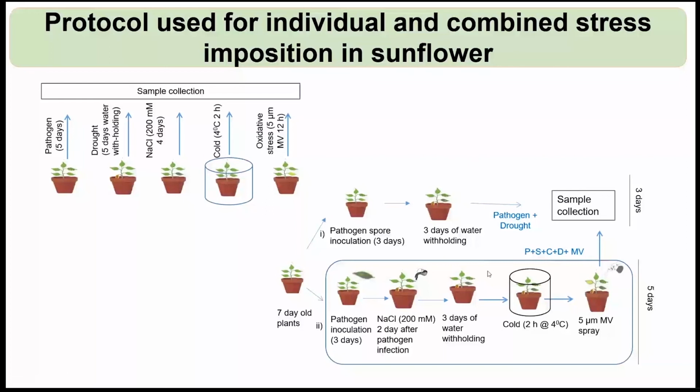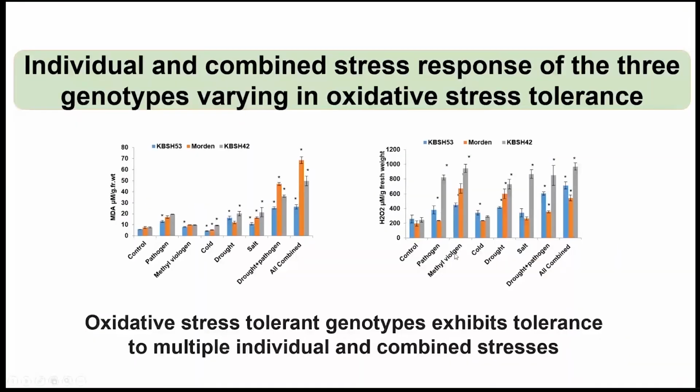Now, the data that we got from these stressed plants were assessed both in the form of MDA, malondialdehyde, as well as the content of H2O2 that are present in the tissues. The 53, KBHS 53, Modern, and KBHS 42 were subjected to the stresses that are indicated in the x-axis.